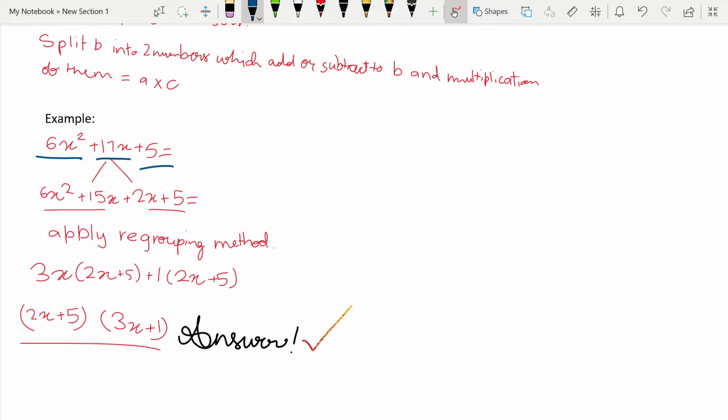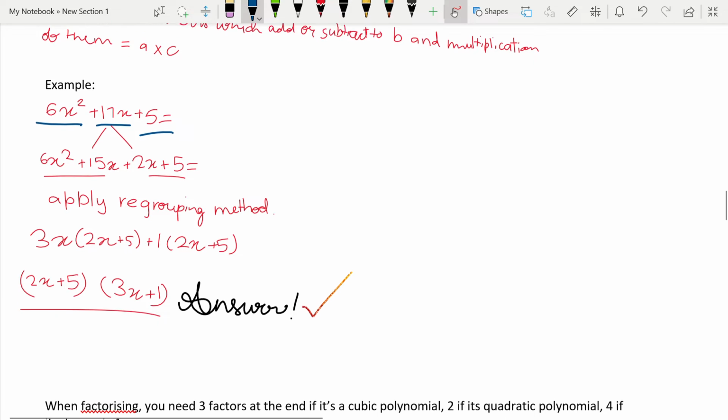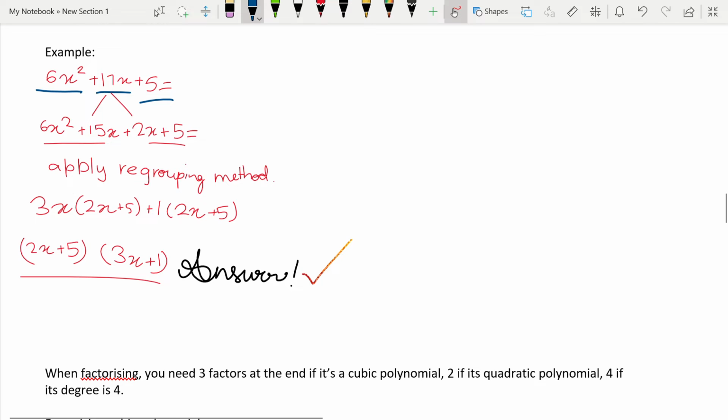Now what's common in these two? Apply the regrouping method. What is common in these two? 3 and x. So we've got 2x plus 5 in the brackets remaining, and we've got 1 because nothing is common in them, and we've got 2x plus 5 remaining in the bracket again. So what is common? 2x plus 5, and we've got 3x plus 1 in the bracket. So that's our answer. Okay?